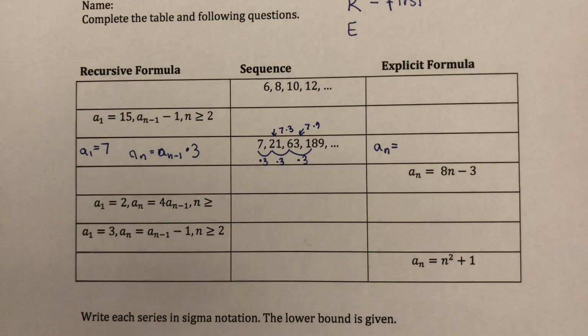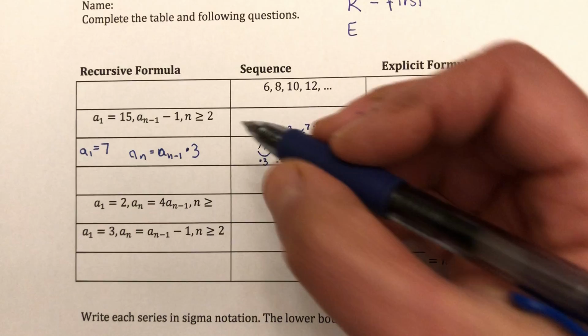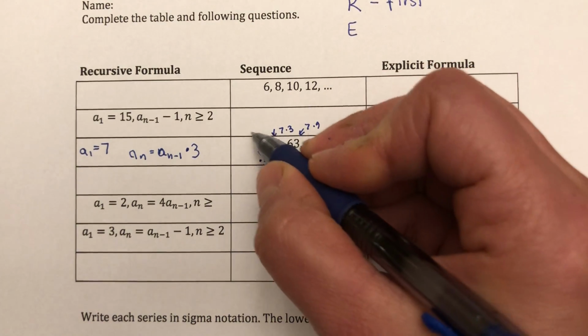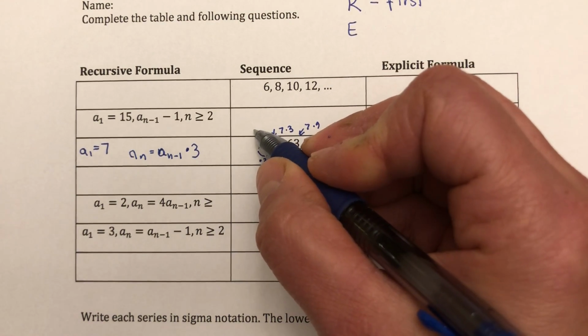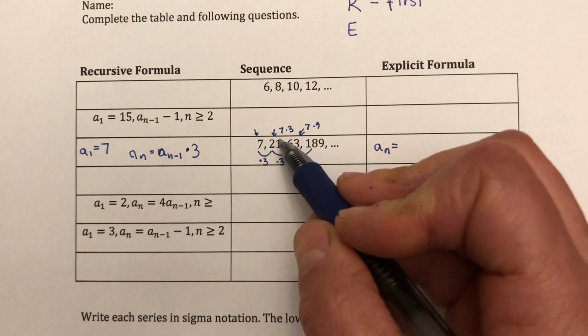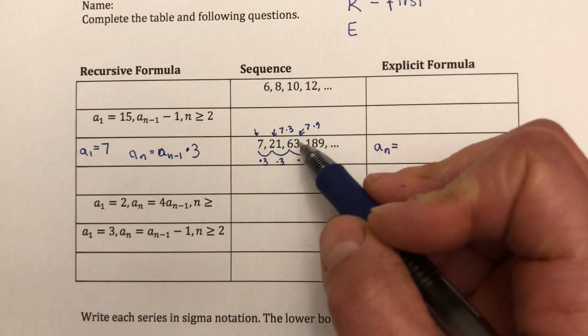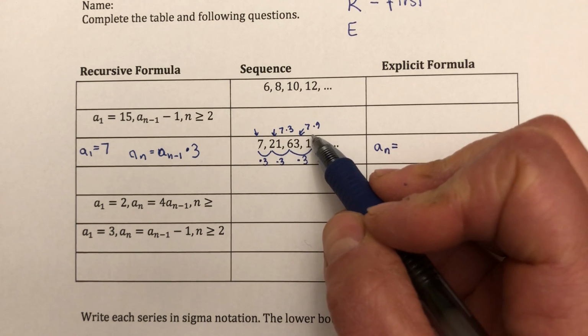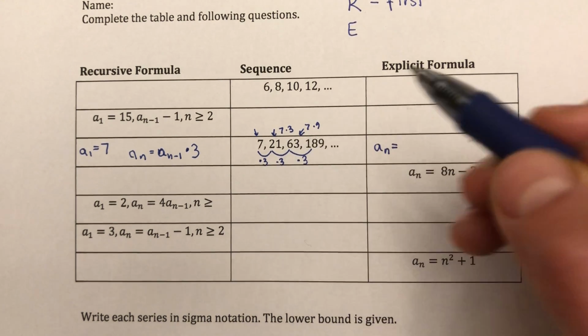And 189, I am not sure what that is. So let's see. 7 we could say is 7 times 3 to the power of 0, then 7 times 3 to the power of 1, then 7 times 3 to the power of 2.